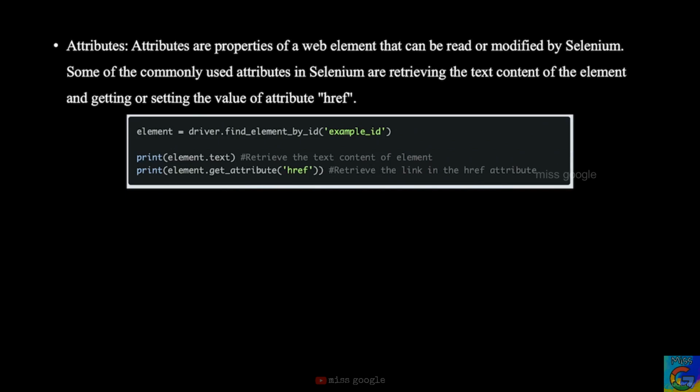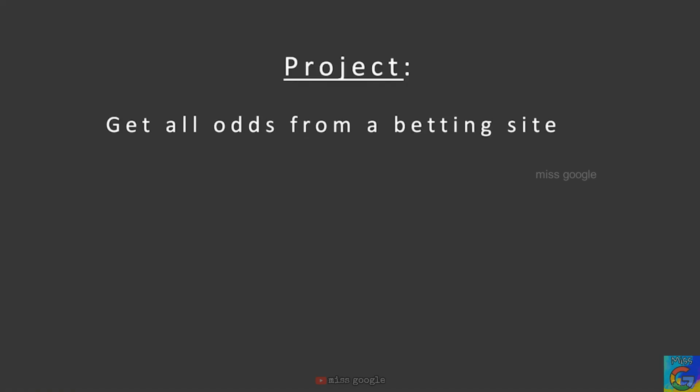We then retrieve the text content of the element and print it, and then we get the href attribute value, and that is going to be the link. And if you further move on, you can use that link to go into a new browser context and execute that.